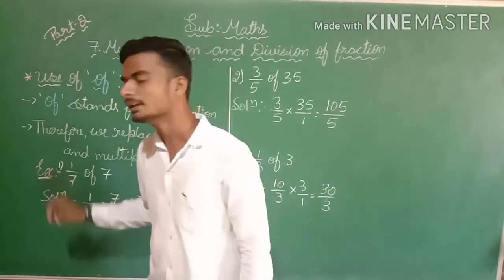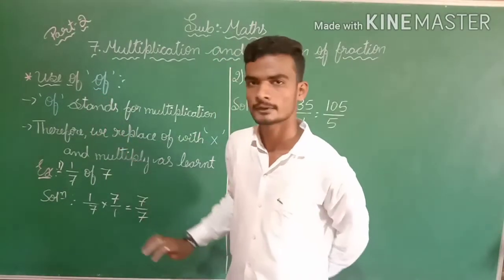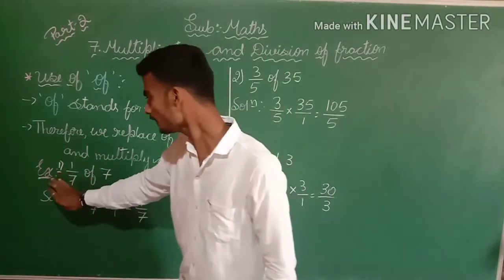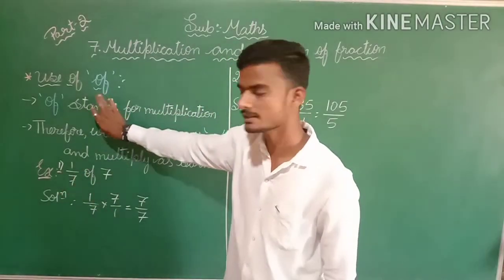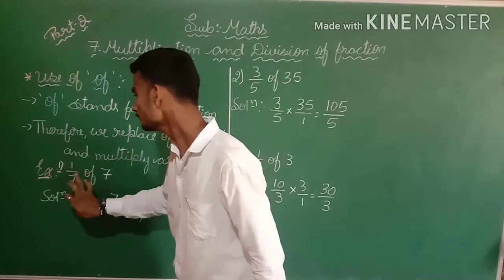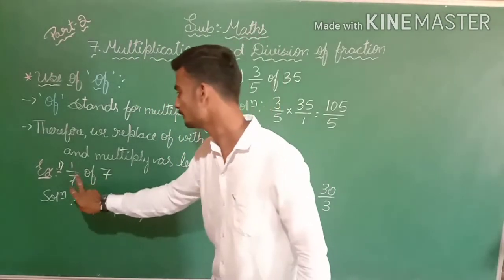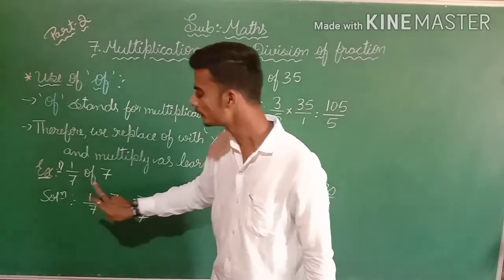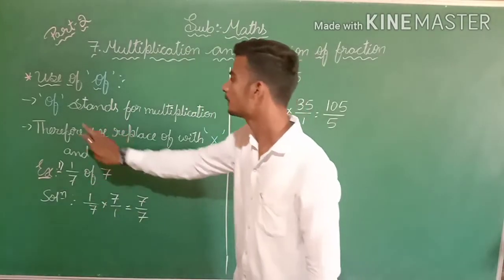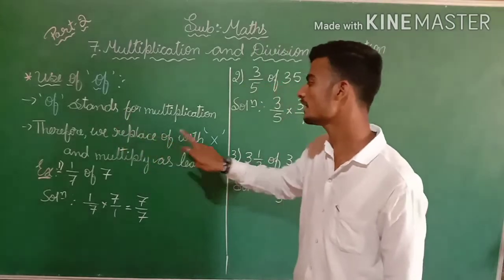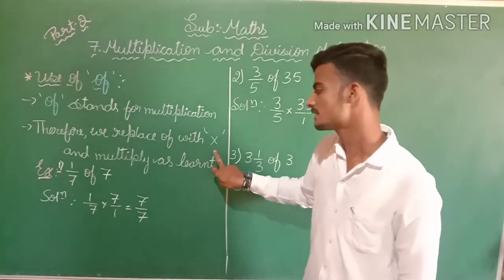Then we take one example regarding this topic. I have taken one example related to this topic, that is 1 by 7 of 7. See here, 1 by 7 of 7. How to solve here? You already know, in the place of "of" you have to write a multiplication symbol.